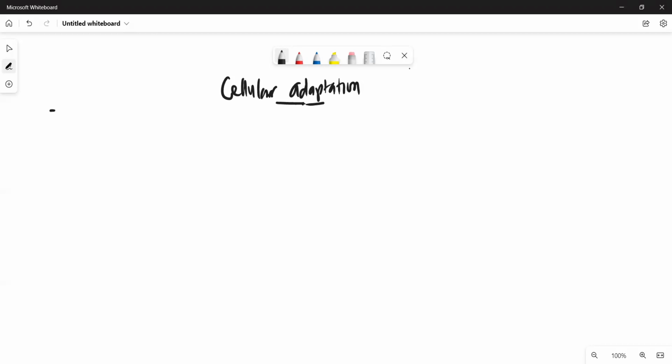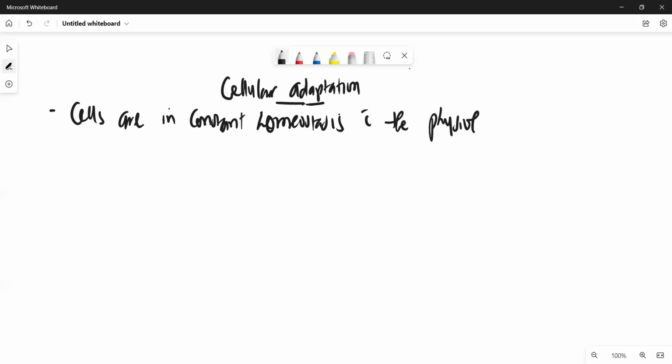So starting with cellular adaptation, when we look at our body or our organs, one thing we can say about them is that they're in constant homeostasis with the physiologic stress that is being placed on them, right? So the cells are in constant homeostasis with the physiologic stress.